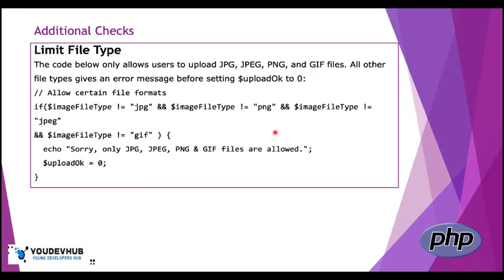All right, so we're coming back to limiting our file type, and we want to check what kind of file it is. Like I said earlier, it's if you want to upload a specific type of file, whether you want it to be JPEG or PNG or GIF, or to restrict a different file type.